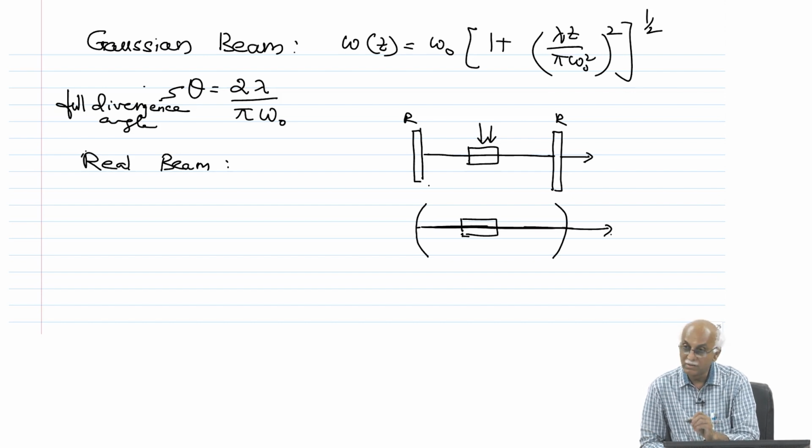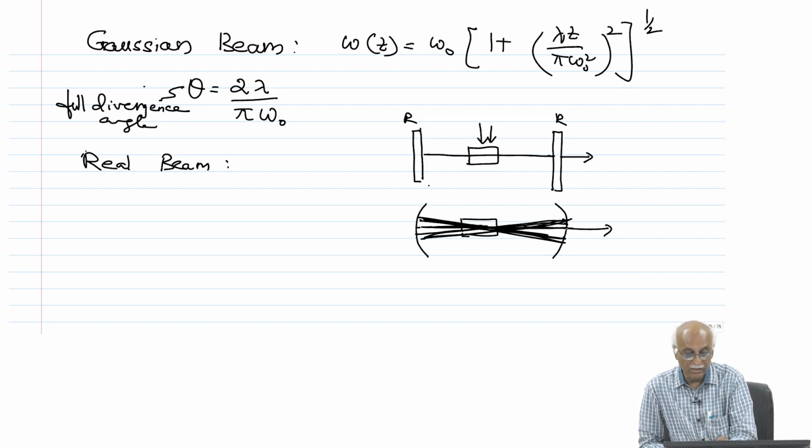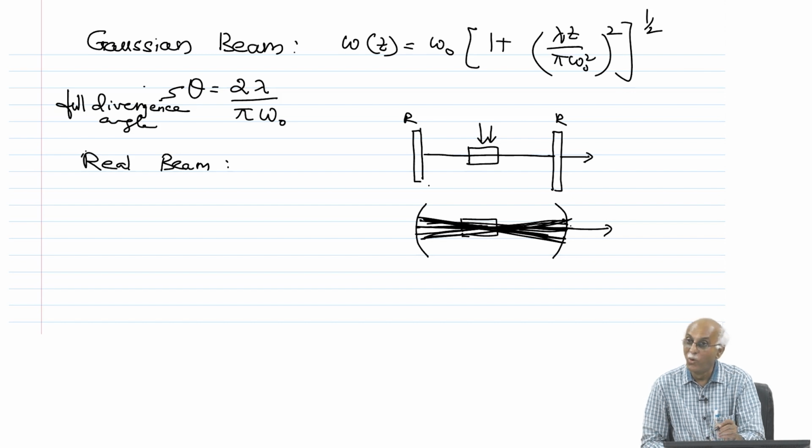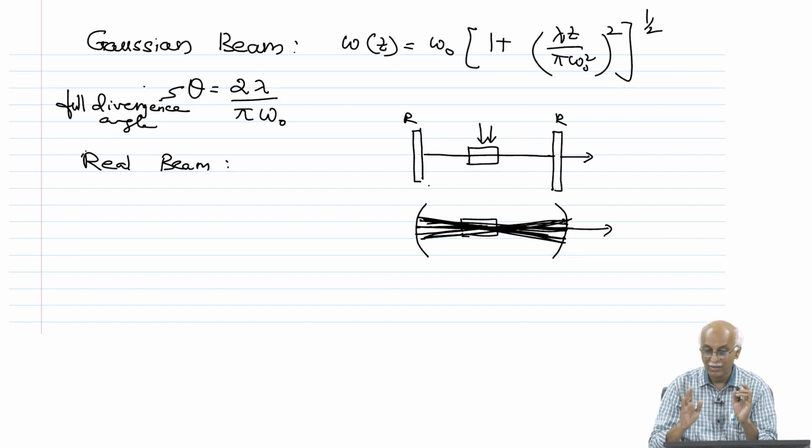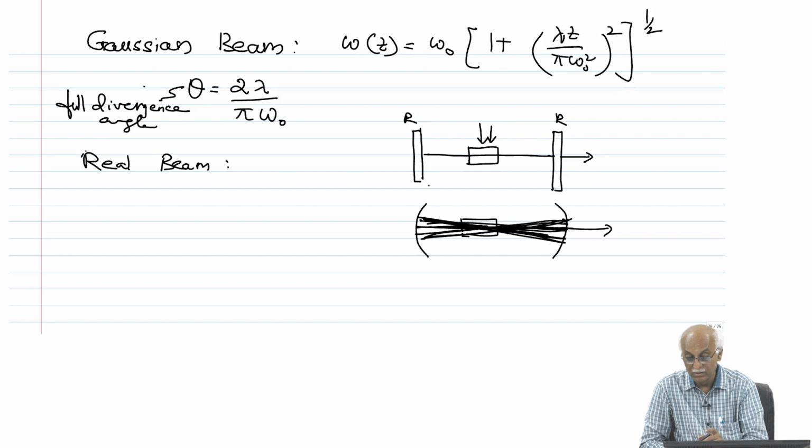However, the light amplification can also be like this, or like this, with a small angular deviation, but it can still form a cavity. So the intensity distribution will be different in this case, it is not Gaussian.